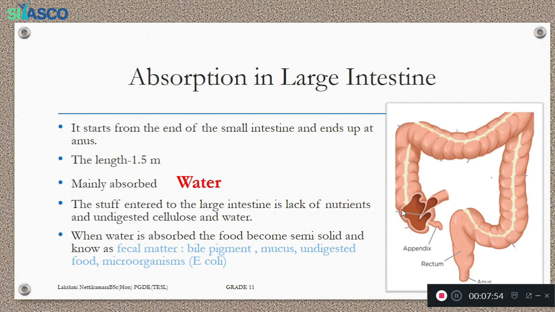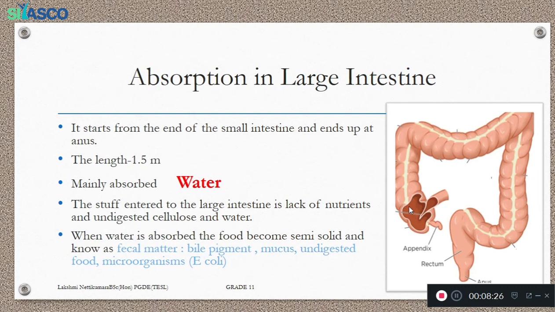What is absorbed within the large intestine? Mainly water. The foodstuff now actually does not contain much nutrient. So once it enters this large intestine, mainly there is undigested cellulose and some amount of water. When water is absorbed, what will happen?